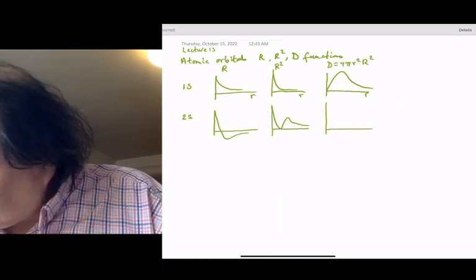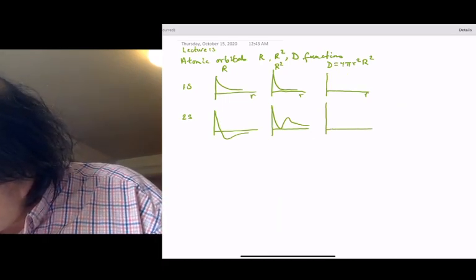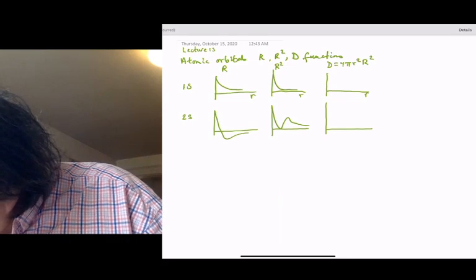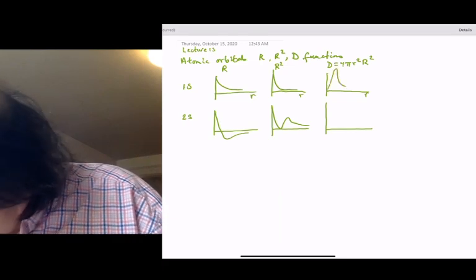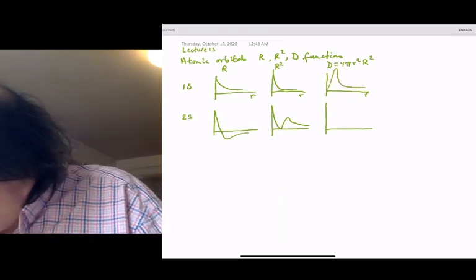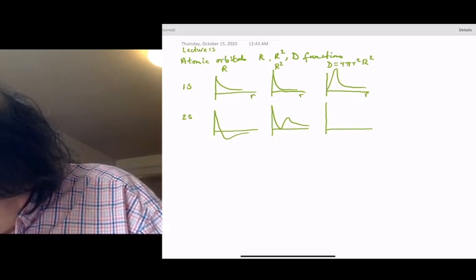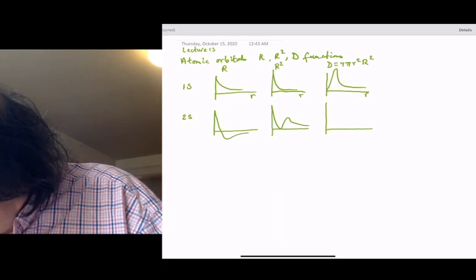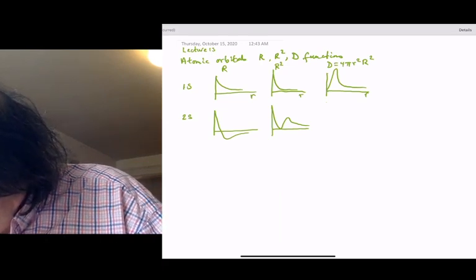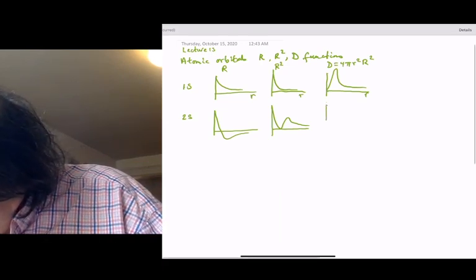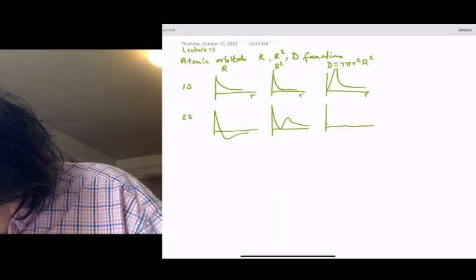And I'm going to draw this to scale now, so the D function is correct. There's the D function. When you look at the D function for the 2s, it's 4 pi little r squared, so it starts at 0, and the second node is the big one.